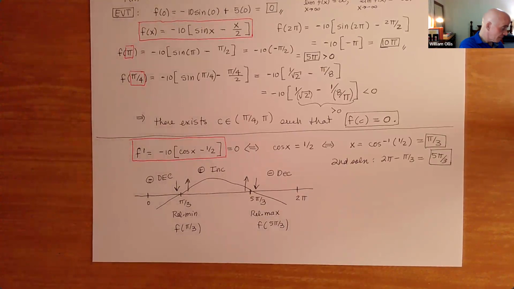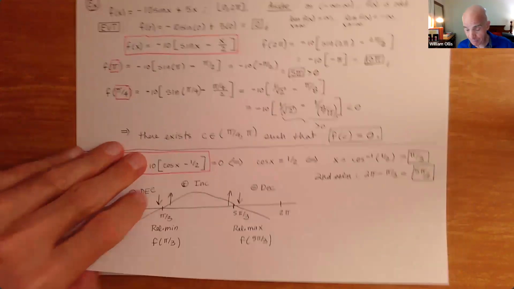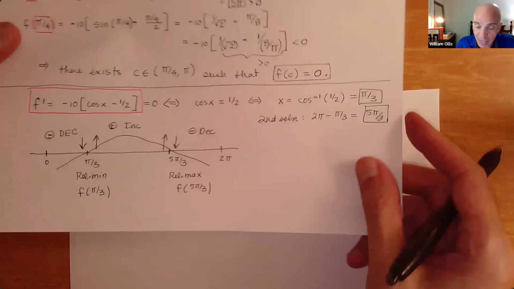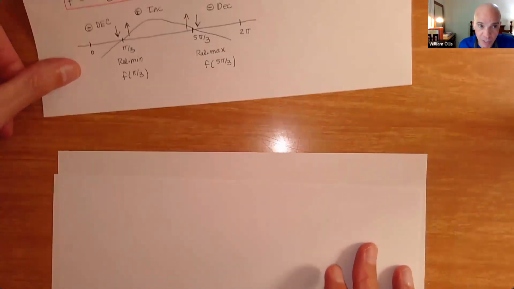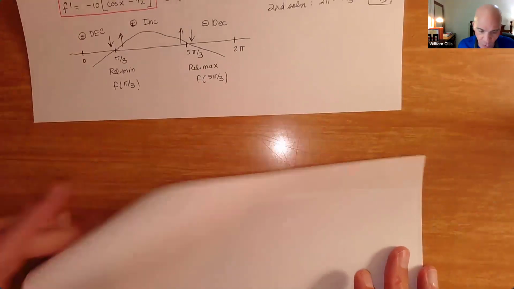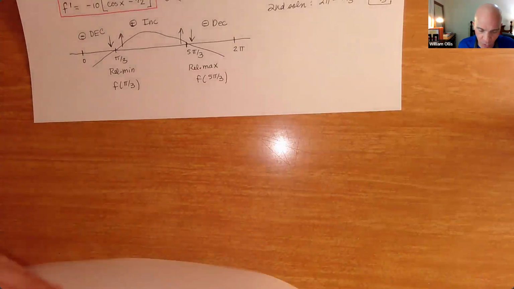Let me get hold of some paper here. Here we go. Now, what we want to do is notice that with these values, we're going to have more detail with the graph that was not available to us in our prerequisite courses. Okay, so let me go ahead and write down the original function.